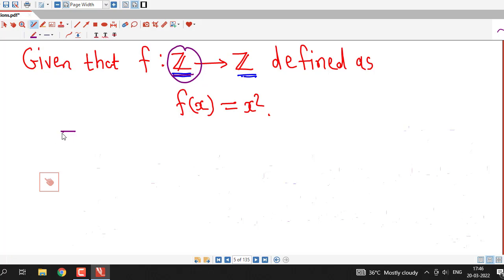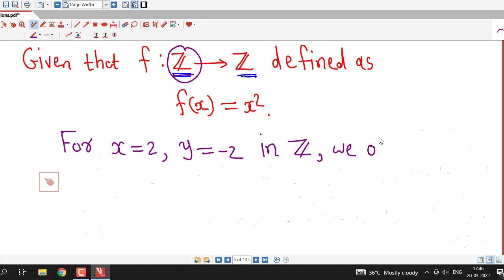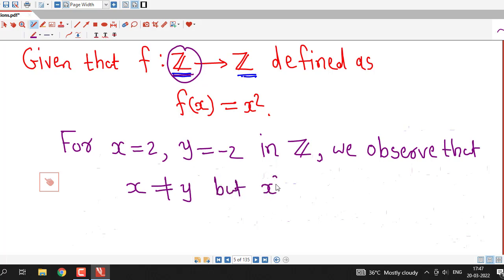So now here we should write in this way: for x equal to 2, y equal to minus 2 in the domain Z, we observe that x and y are different but x square equal to 4 which is equal to y square.